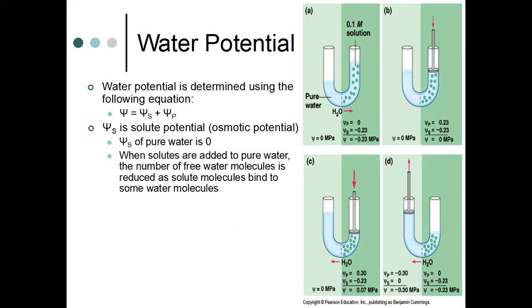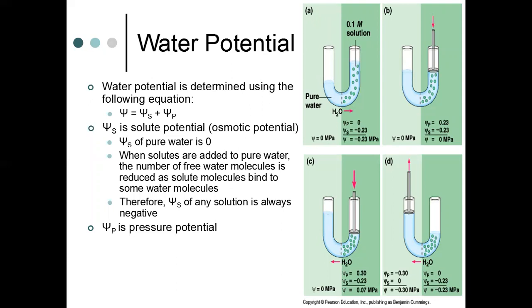When solute is added to pure water, the number of free water molecules is reduced, as solute molecules bind to some water molecules. Therefore, the solute potential of any solution is always negative.